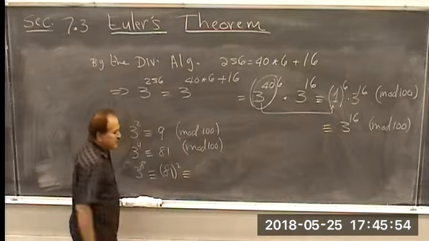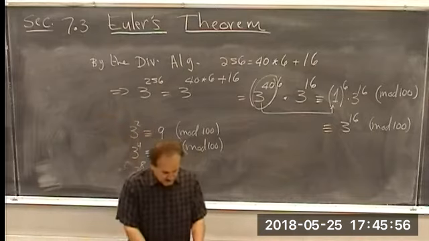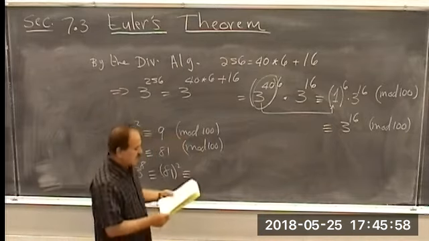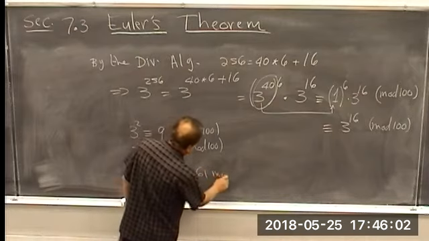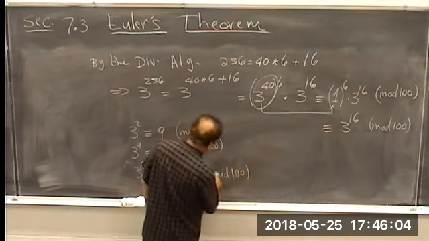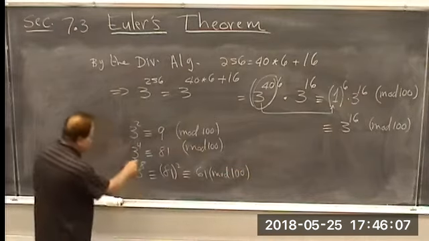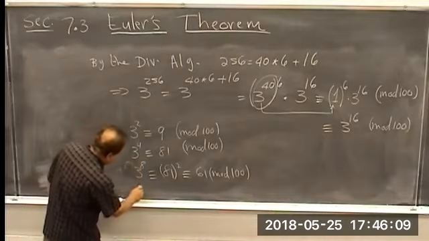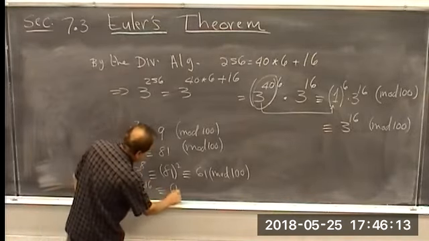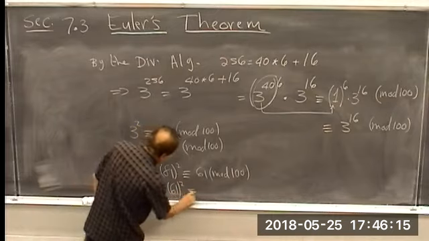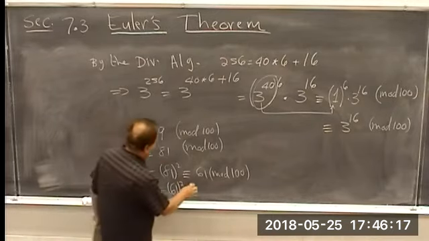Now we need to reduce this mod 100, and it reduces to 61 mod 100. And then we take the square of this, which will be 3 to the 16. And this is 61 squared, reduce mod 100, and you come up with 21.